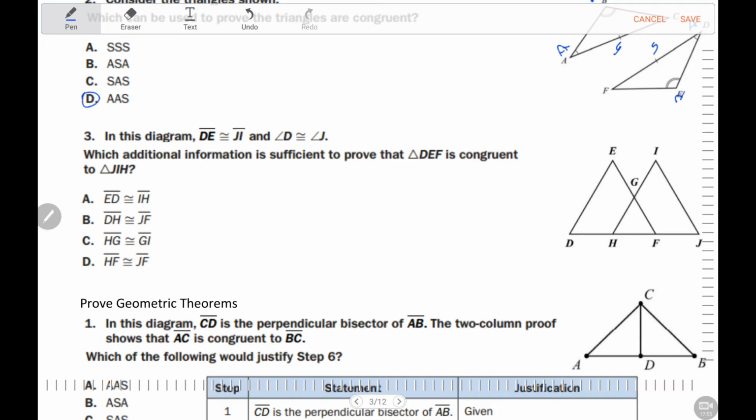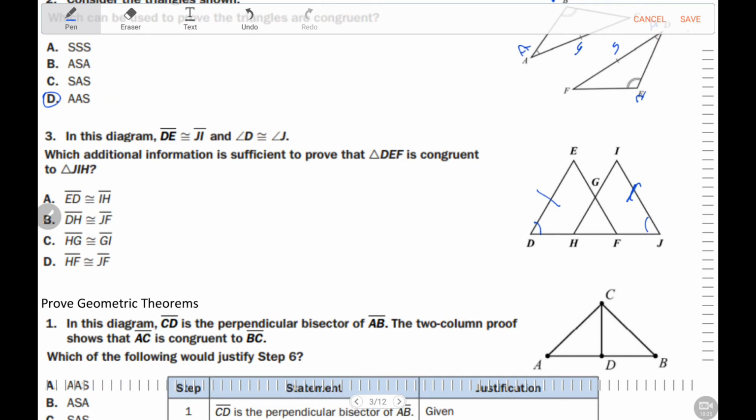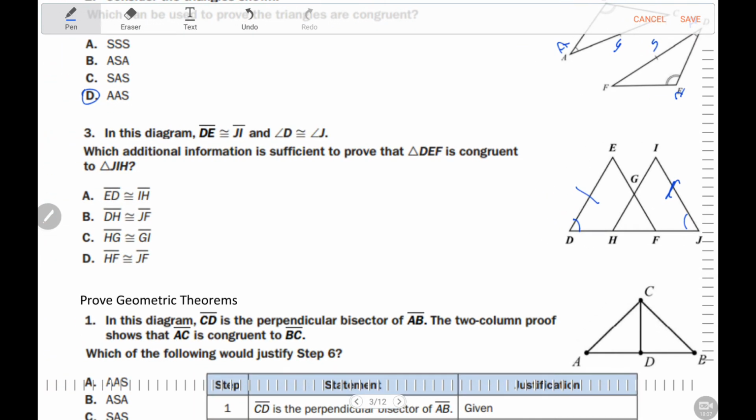So, DE is congruent to JI, so that's what I'm looking at here. Angle D is congruent to angle J. So we got side, angle. If we had another side, that'd be great. So let's see what options they give us.